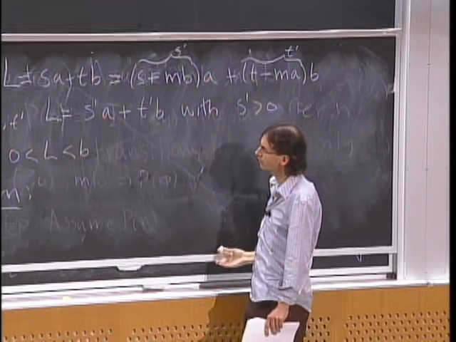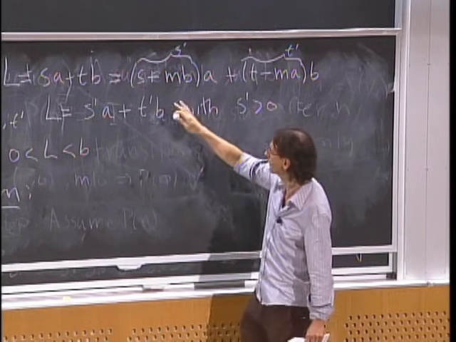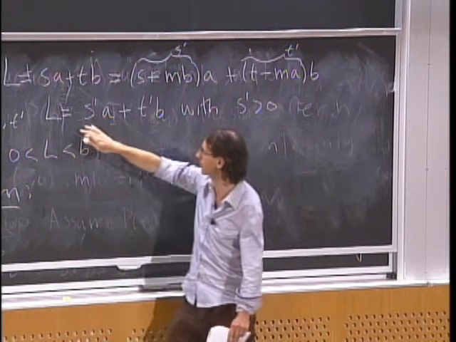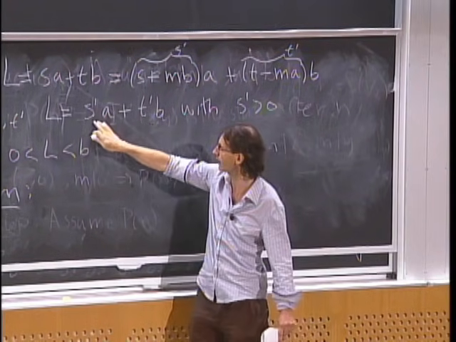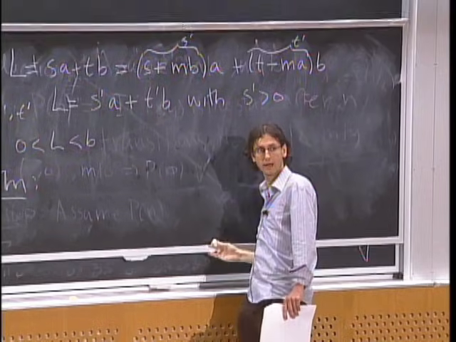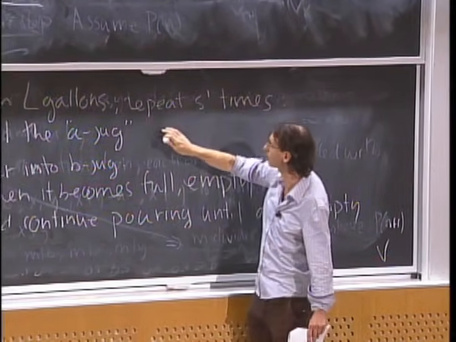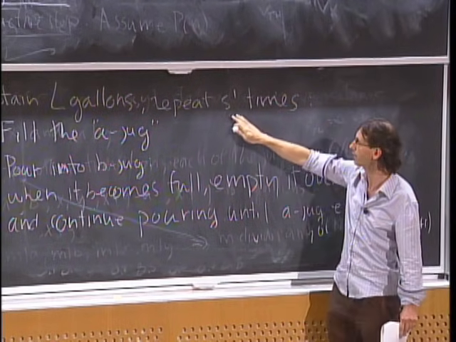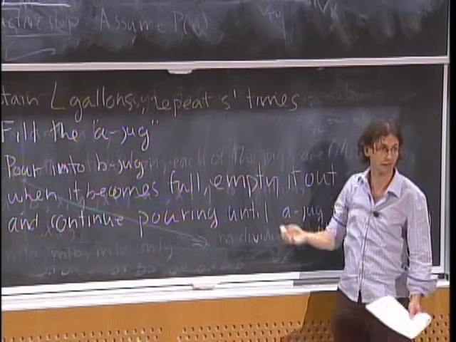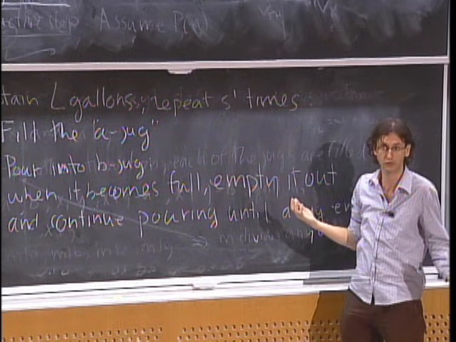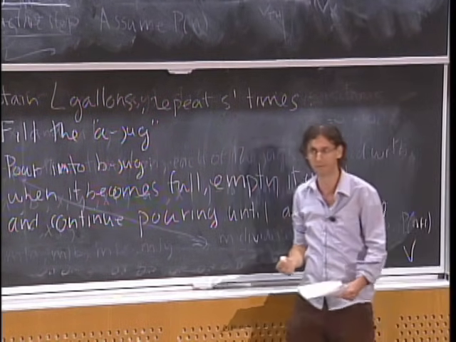So that's sort of the reason in this proof that we want to rewrite the linear combination into a new one, such that this S prime is positive. And if we have S prime positive, then we can actually talk about this algorithm, because we can only repeat something S prime times if S prime is, say, 1 or 2 or 3 or something positive.